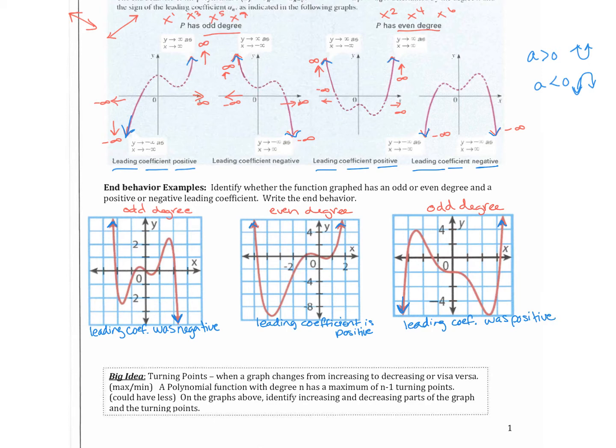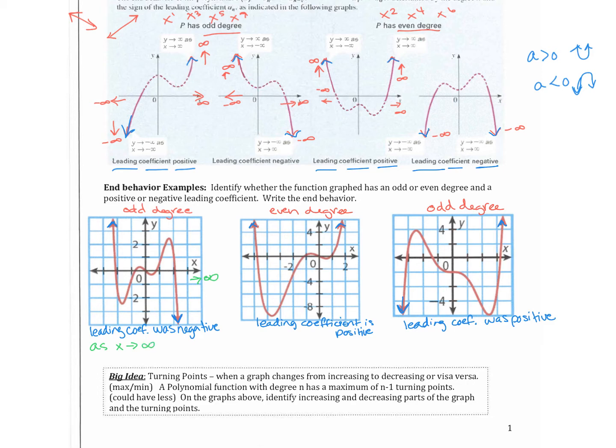So let's try writing my end behavior. So often we're expected to write our end behavior. What we write is as x goes towards infinity, so this is getting much bigger positive numbers.